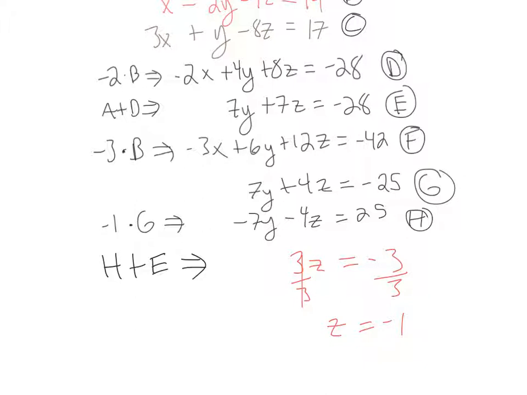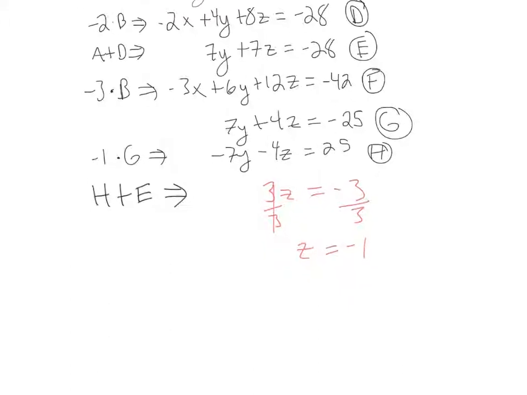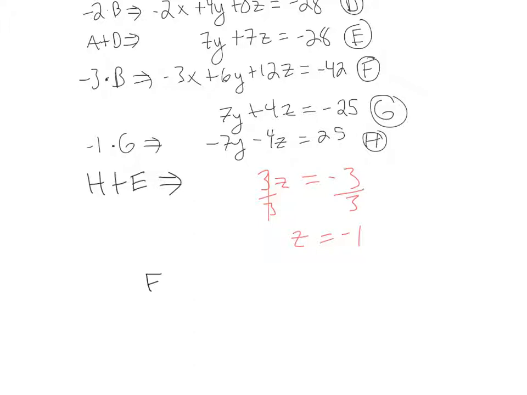Okay, from here you can go ahead and plug into any equation you want that has two variables and solve for your y. So I'm going to plug it into E. So E was 7y plus 7 times negative 1, that's our z, and we are going to put that equal to negative 28.